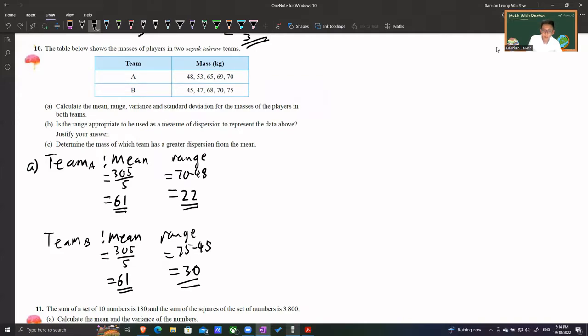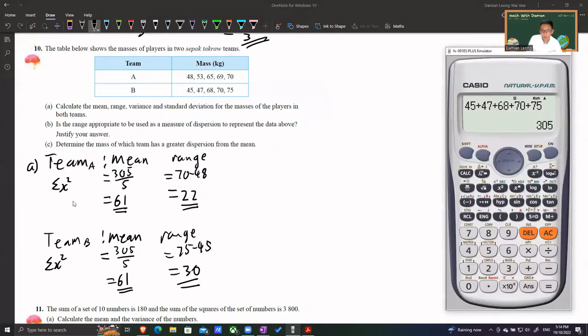And then for variance and standard deviation, I need the sum of x square values. So the sum of values square, find for each of the teams. So each of the values I square and add together. So 48 square plus 53 square plus 65 square plus 69 square plus 70 square, 18999.